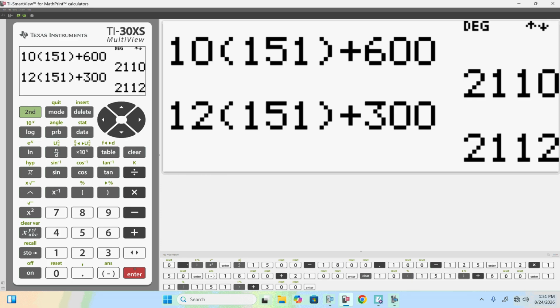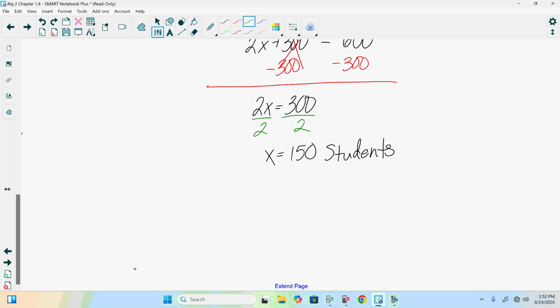Realistically, $2 more, especially if you're already spending $2,000, isn't going to be a big difference between the two. But it is cheaper. Questions on how we did this here? We're ready for the next problem.